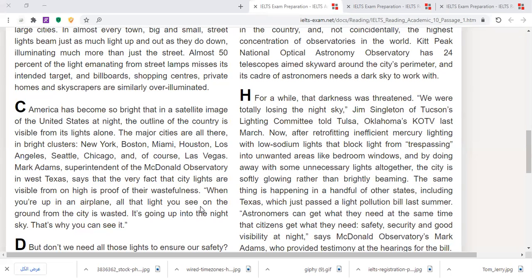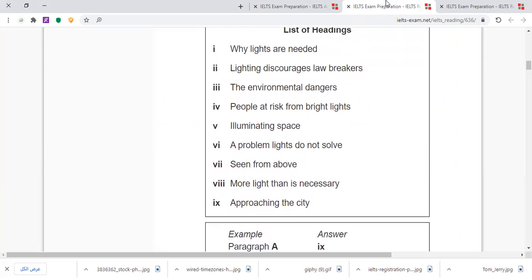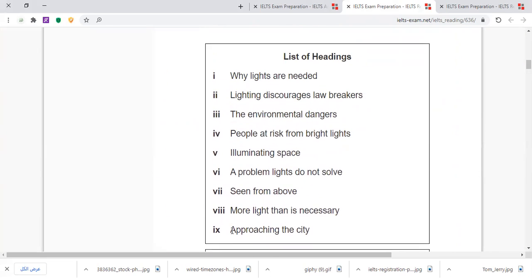We don't have to understand every word, okay? Don't search for the meaning of a word that you don't understand. Let's go back and choose the best heading for paragraph C. We said that this one and this one are not with us from the beginning until here.